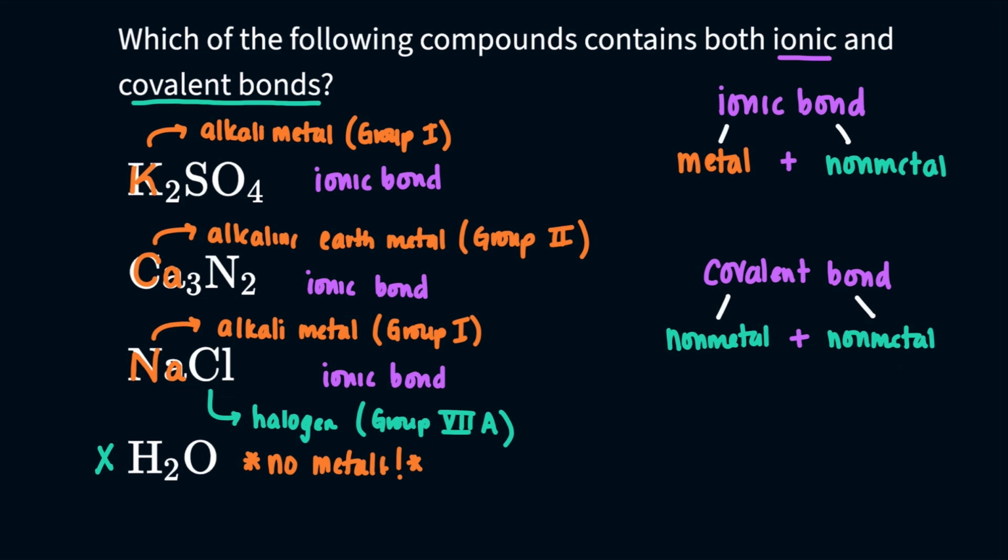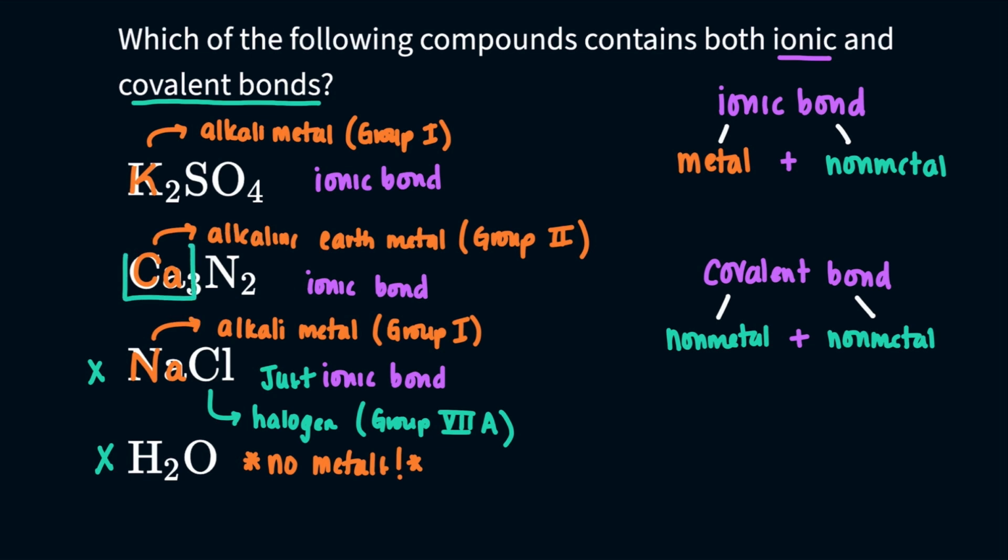So the interaction between sodium and chlorine is just your ionic bond, metal plus nonmetal. I don't have multiple nonmetals. So this one is out. This one is just an ionic bond.